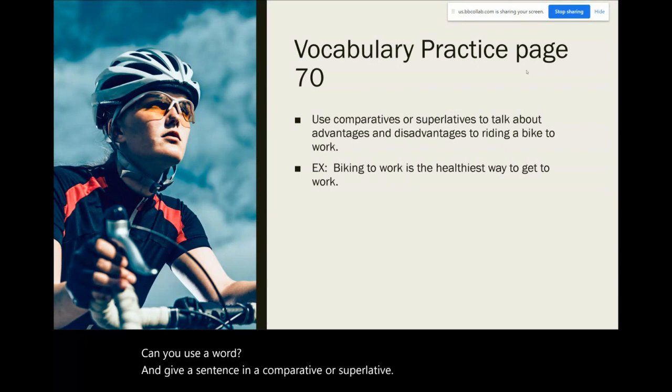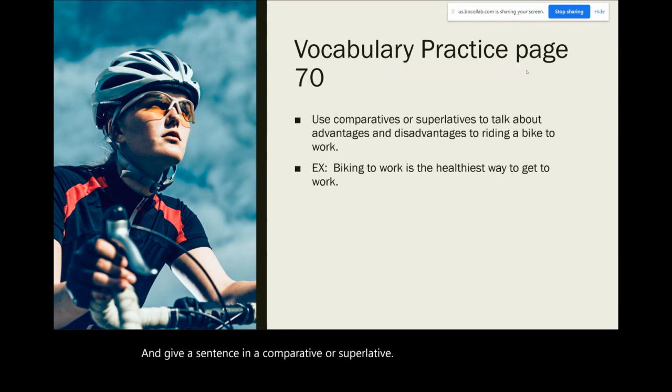You can use safe or dangerous. Driving a bike is the greenest. Yeah. And we're going to say riding a bike.